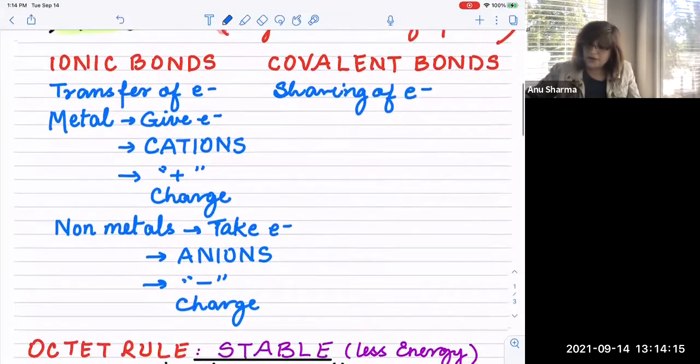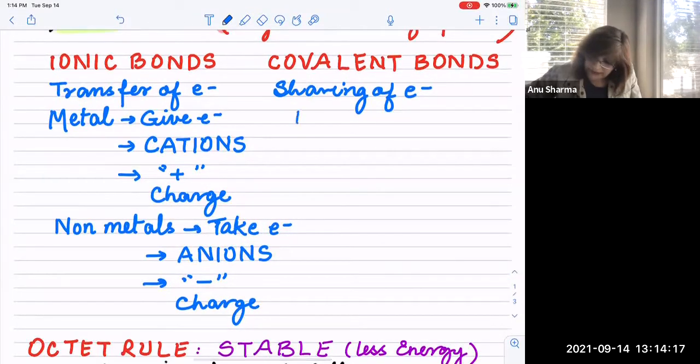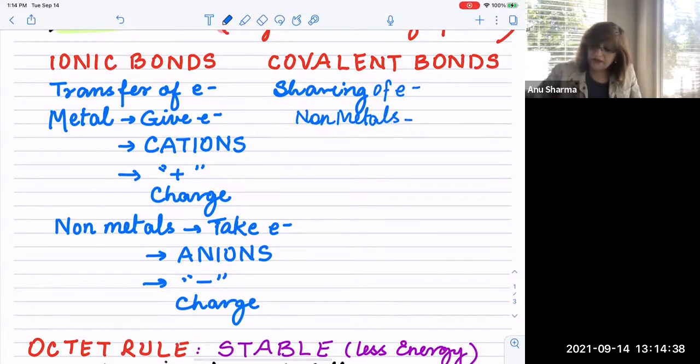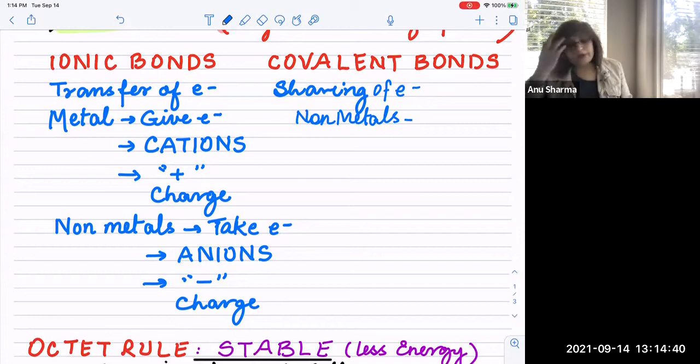Now there are non-metals. These guys, they bond to themselves. So how do they bond? They bond by sharing of electrons, and these generally are the non-metals. So in this case, again, they share because they're so close to the nearest noble gas.